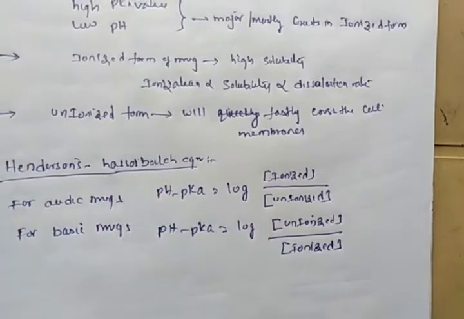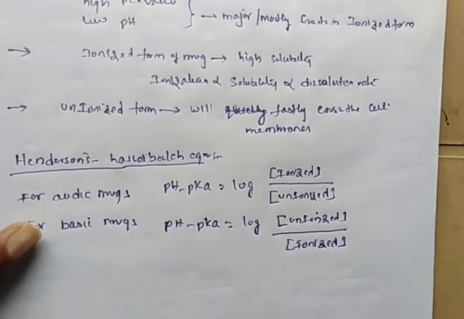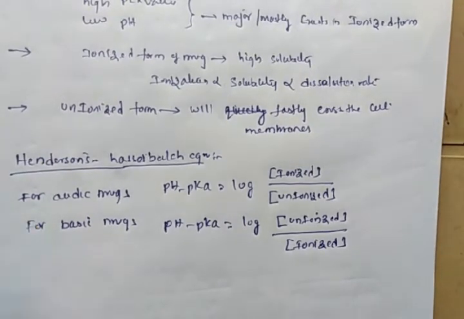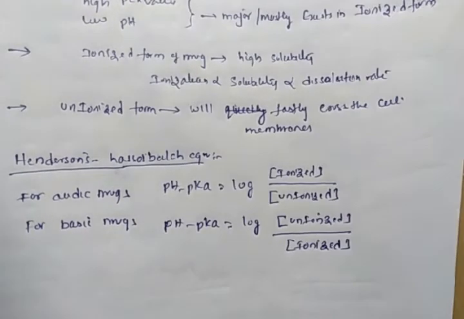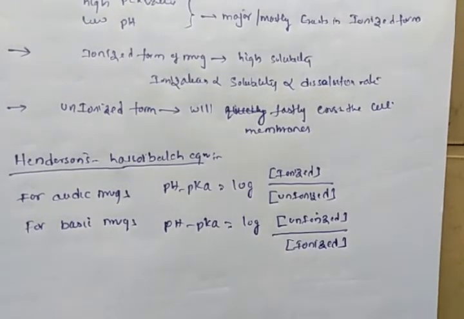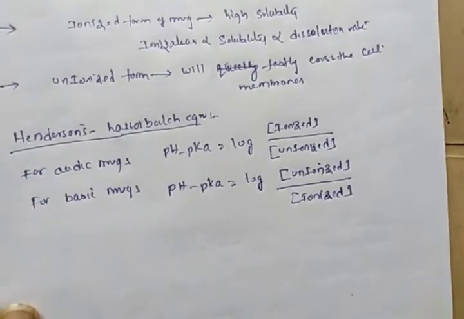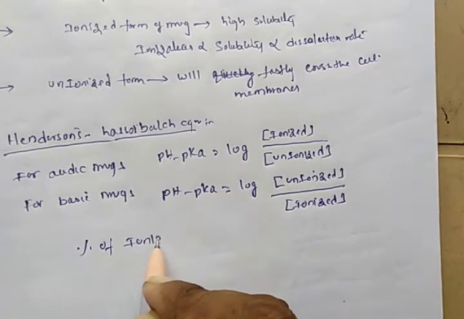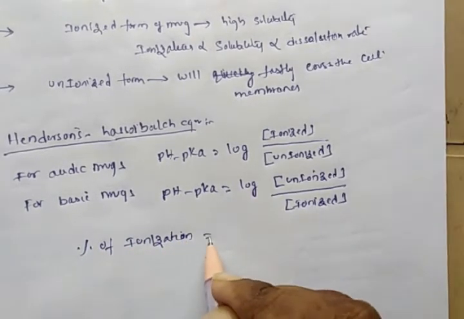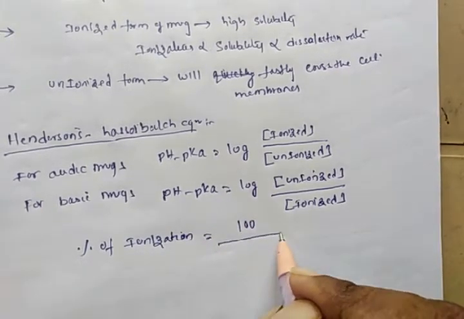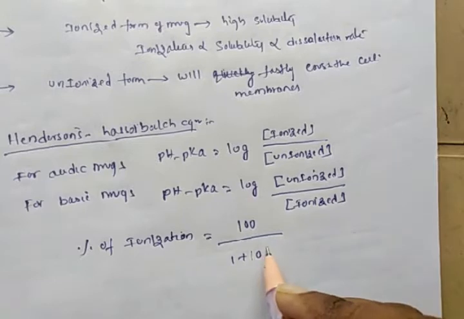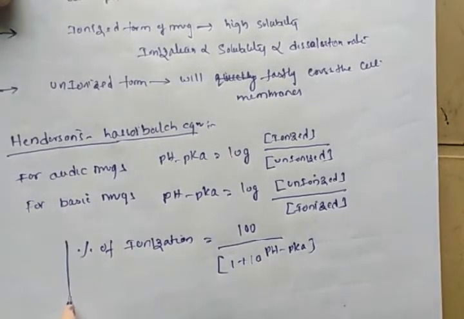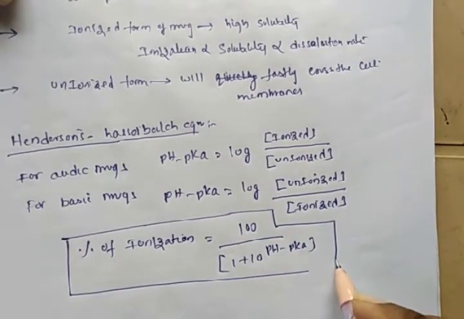To recap, for acidic drugs pH minus pKa is equal to log of ionized to unionized, and for basic drugs pH minus pKa is equal to log of unionized to ionized. The percentage of ionization is equal to 100 divided by 1 plus 10 to the power of pH minus pKa of the drug. This is the formula for determination of percentage of ionization.